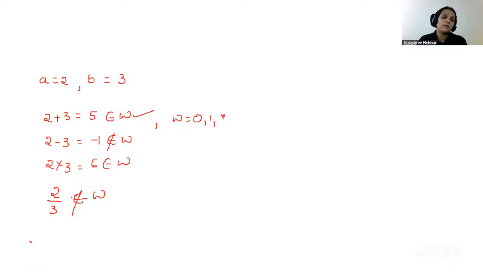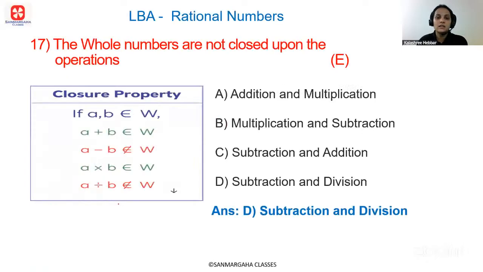Division of two numbers does not belong to whole numbers. So the whole numbers are not closed upon the operations in D, that is subtraction and division.